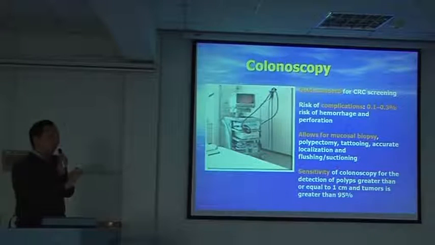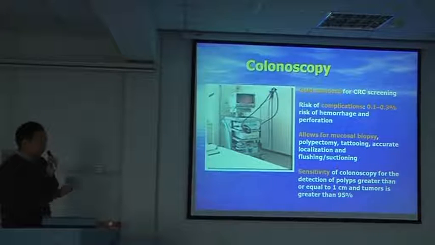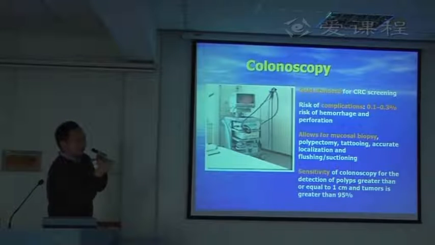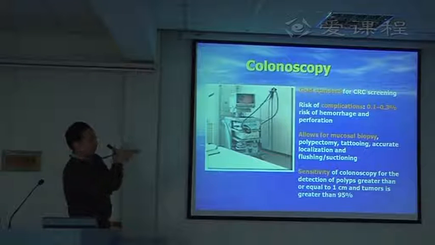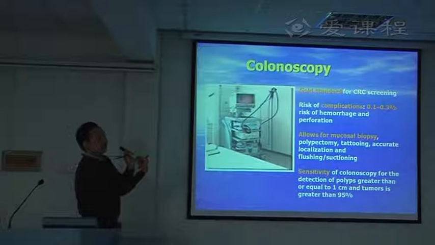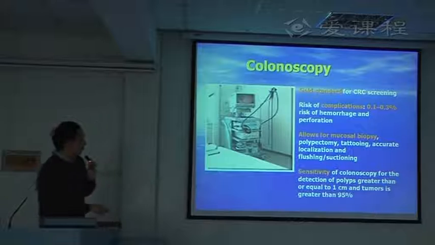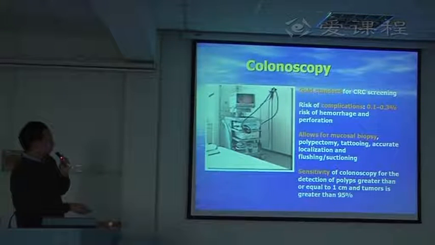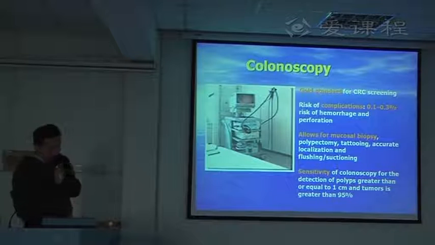But for a small one, it's usually not so high. Sometimes the tumors may sit behind, and you cannot see clearly, maybe at the back of the wall. But if the tumor is more than 1 centimeter, there is 95% sensitivity.